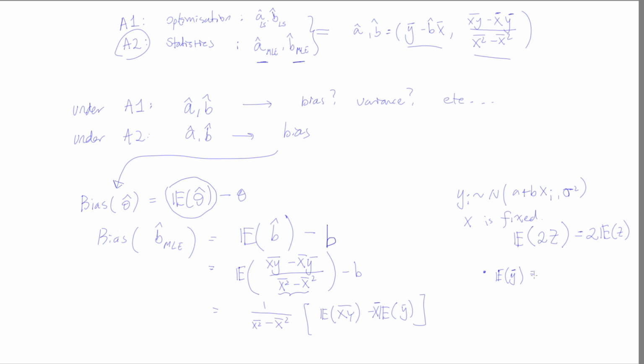So what is the expectation of y bar? It's the expectation of 1 over n times the sum of the yi's. This is the sample average. 1 over n is a constant, and because of linearity, we can take it inside the sum.